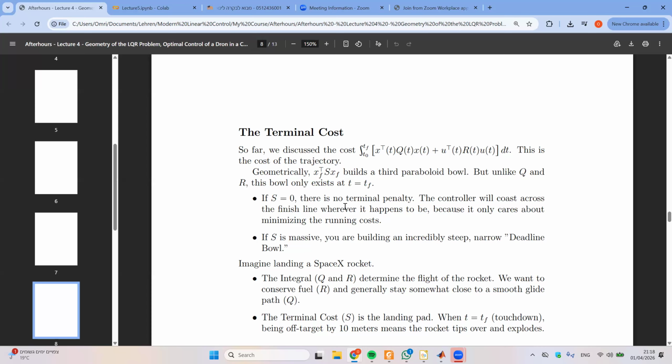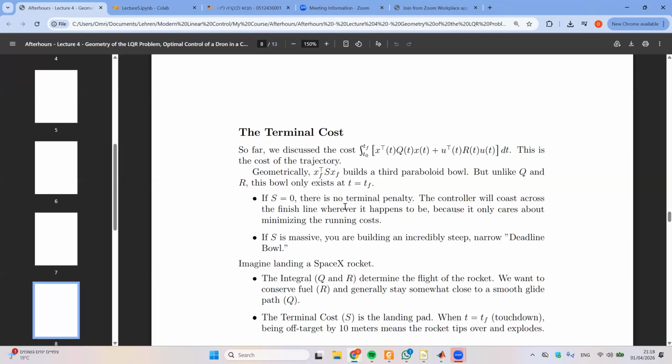So, for example, you all probably saw the SpaceX rocket. It's this rocket which goes up vertically and it can actually land itself vertically. So for the rocket, the integral part with the Q and the R, they determine the flight of the rocket, like how much fuel you want to conserve and the smooth path of the rocket and so on.